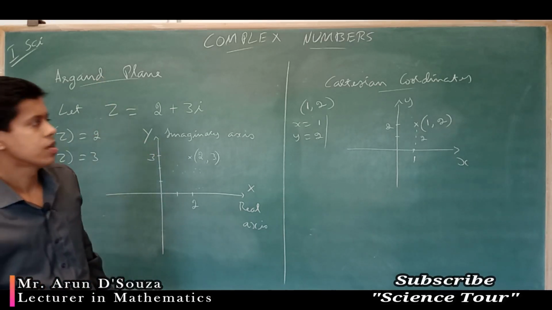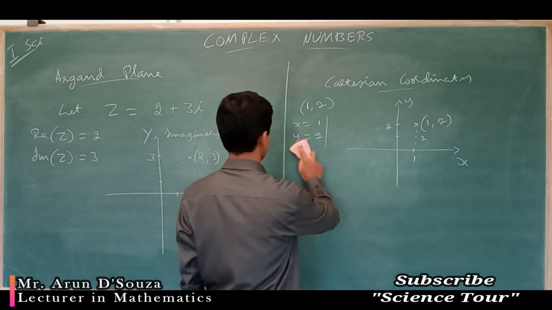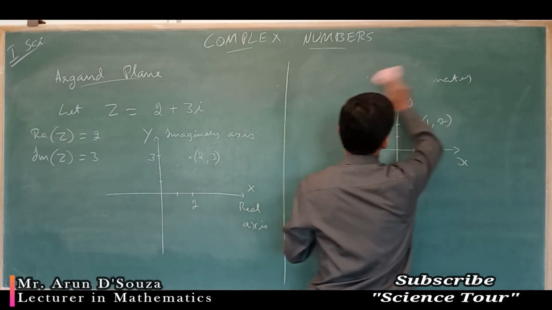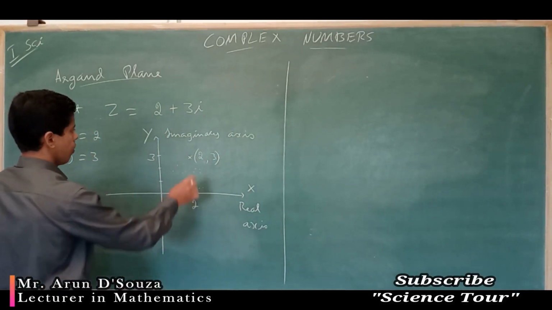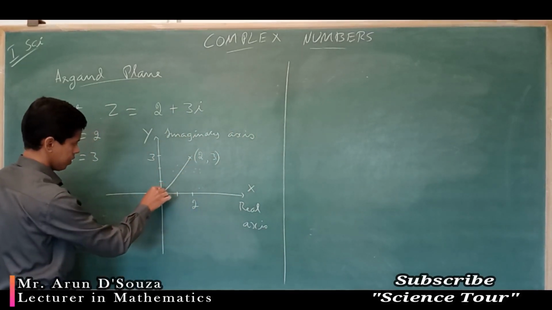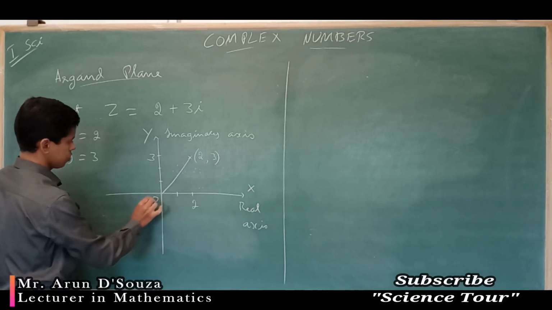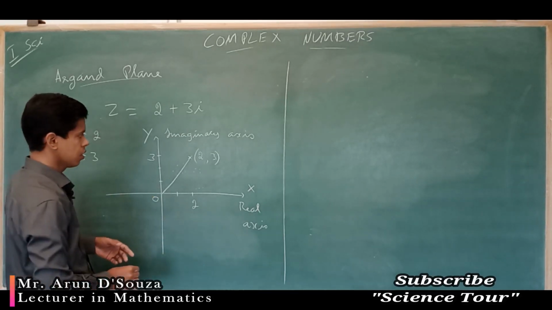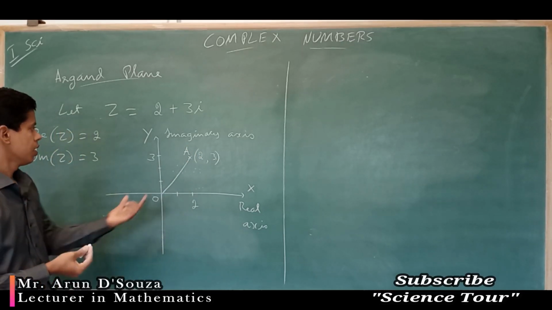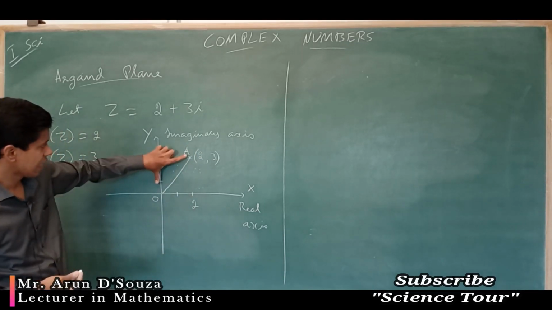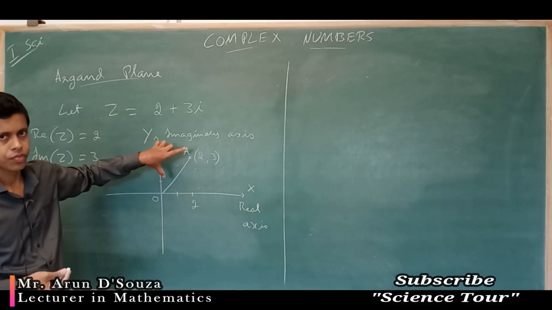Now we need to understand 2 more things here. Now what I'll do is I'll just draw this line. Okay. So this is the origin, let us say, and this is let me take A. Now what is this length OA? Right.